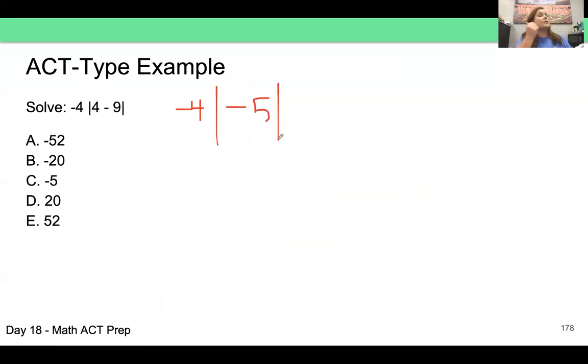Now here's where students make a mistake. They will multiply here and get a positive 20 because they go, ooh, negative times negative is a positive. No. You have to do the absolute value first. And this is going to be negative 4 times the absolute value of negative 5, which is positive 5. So our answer is negative 20.